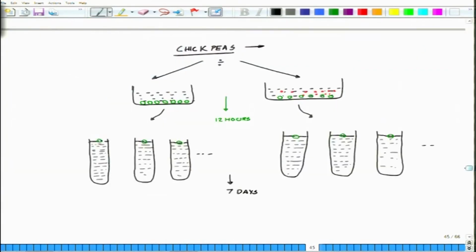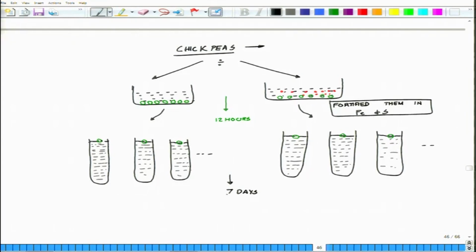Iron and sulfur. In other words, you have fortified them in iron and sulfur, okay? Now the results were very interesting.